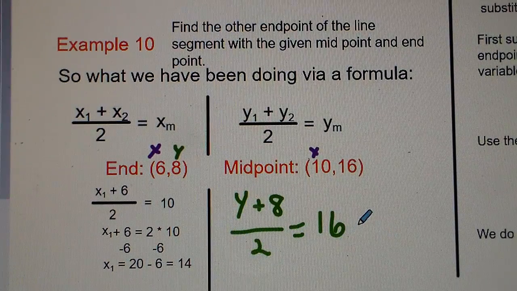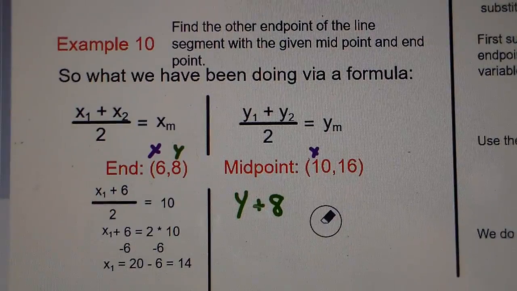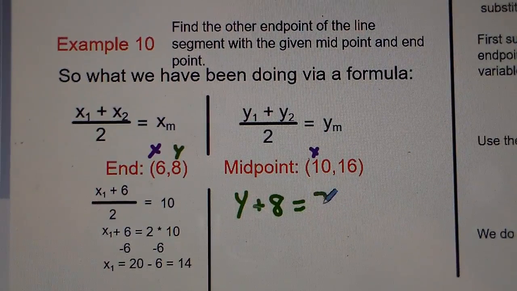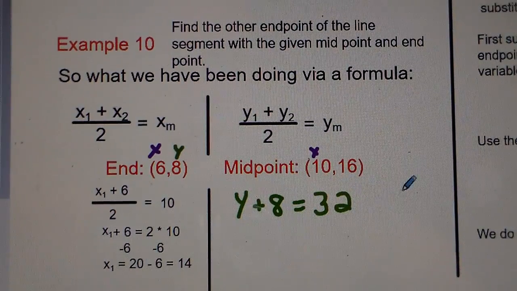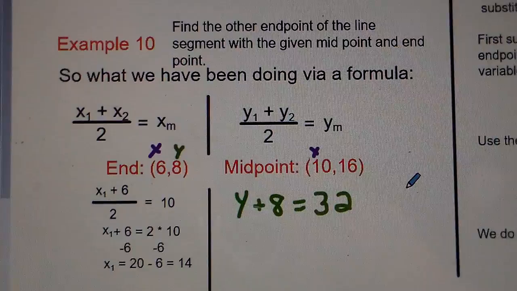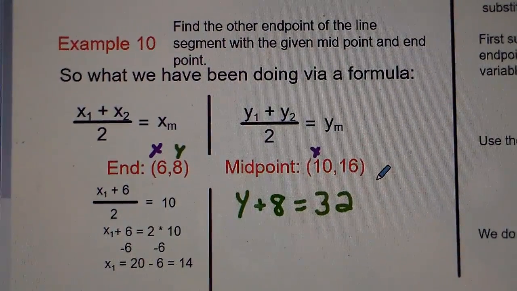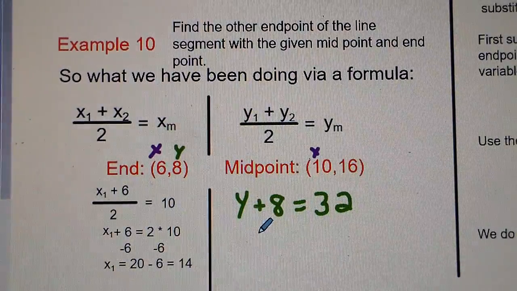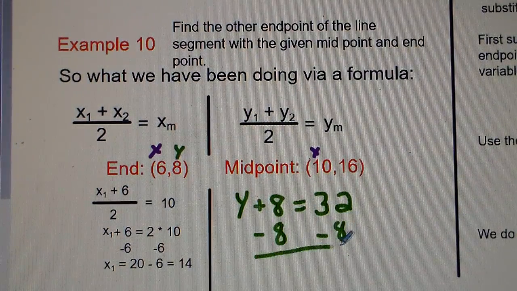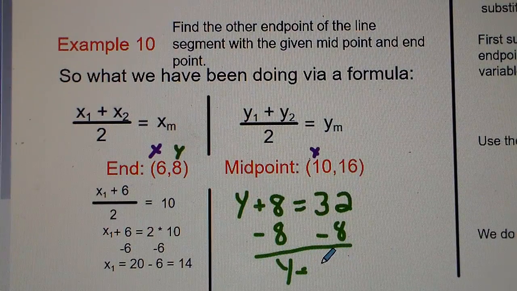Now we multiply by 2 to both sides. 2 times 16 is 32. So y plus 8 equals 32. We then subtract 8 from both sides, and you get y equals 26. Oh, sorry, 24.